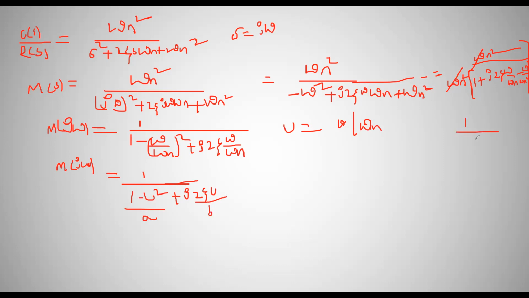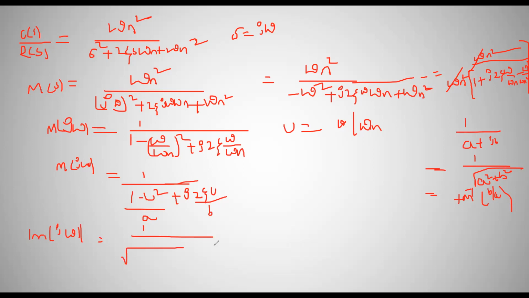So 1 by a plus jb, the magnitude is square root of a square plus b square, and the phase angle is tan inverse b by a. So the modulus of M of j omega is equal to 1 by square root of a square. What is a square? 1 minus u square whole square.